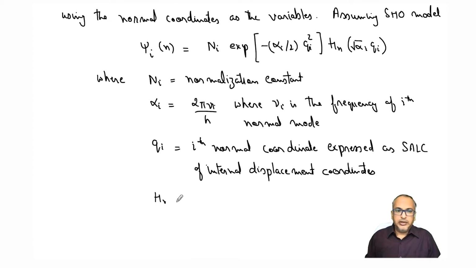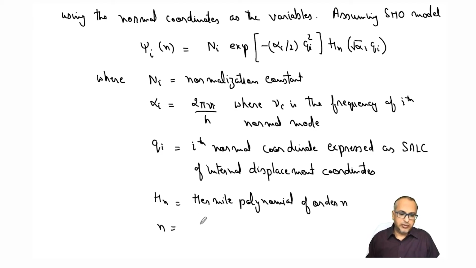Now Hn is a Hermite polynomial of order n. We will see what that is. n is a vibrational quantum number. So if you are talking about the ground state, n will be 0.